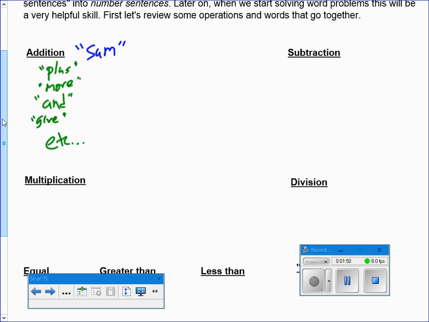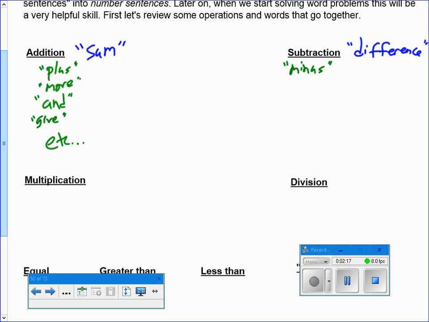We also have some words that go with subtraction. So again, when we subtract numbers in math, we call that a difference. However, there are a lot of other words that will also mean subtraction. So again, we say it out loud. A lot of times we say minus.